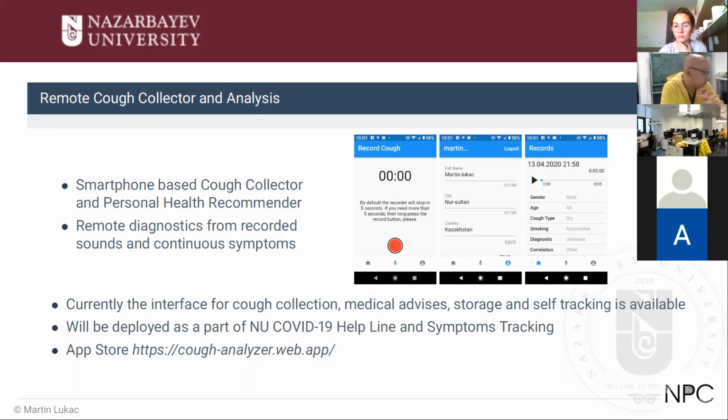One of the problems with data science is, as I was saying, your results will be as good as your data. One of the big problems in medical information systems is the lack of high quality annotated data. We have had this application up for about 1 year, and we have probably collected about 1,000 coughs.